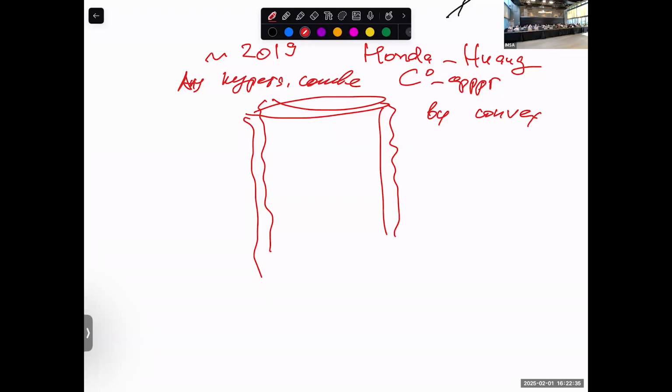Then any four-manifold is easy to prove to admit some germ of contact structure in the neighborhood of the manifold cross it. And then you can make it convex.